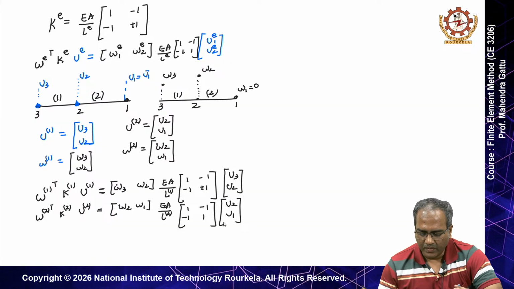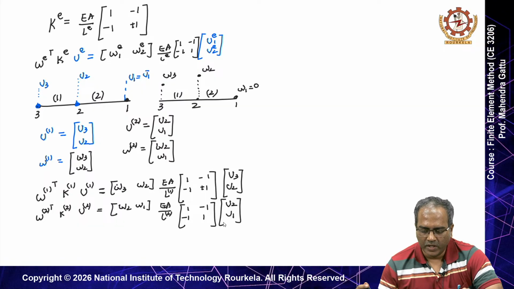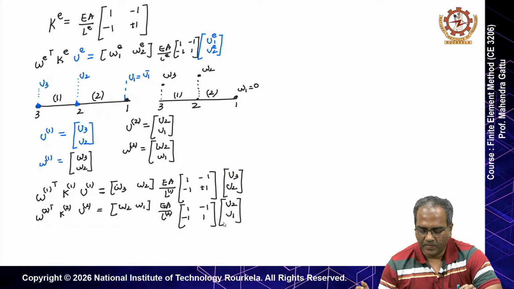So, if you want to sum up these two equations, we want to establish our global coordinates and then do the summation.